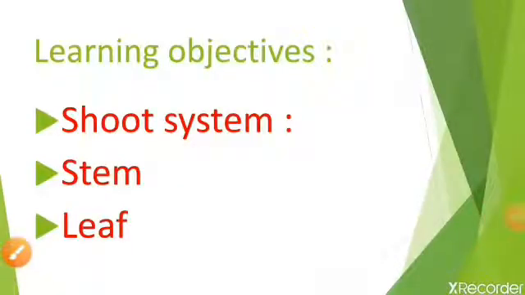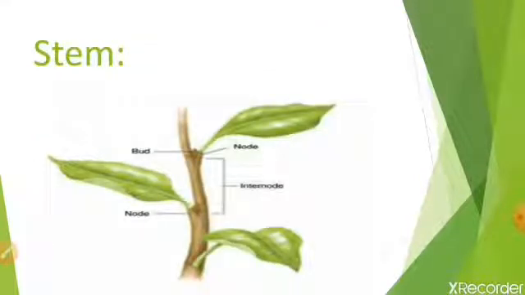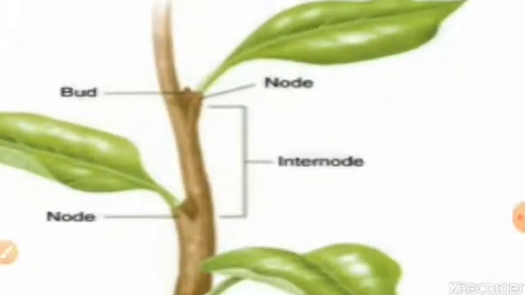Dear children, now shall we see the parts of the shoot system one by one? Shall we move on to the first part, stem? Yes, the stem grows above the soil and it grows towards the sunlight. It has nodes and internodes. What are nodes and internodes?